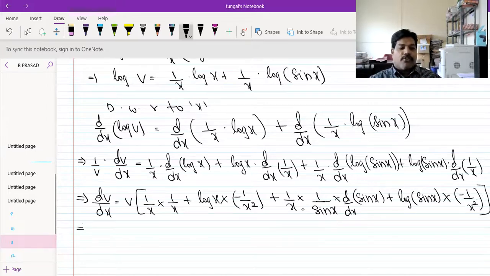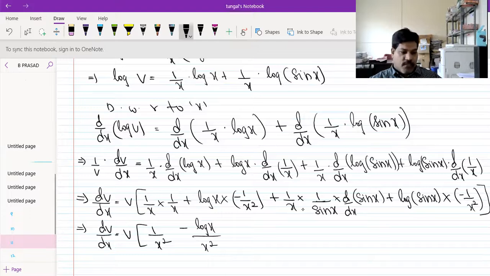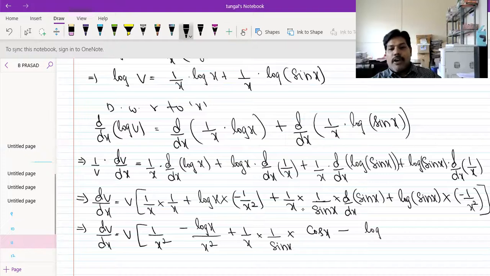So dv by dx is equal to v into 1 by x square, minus log x by x square, plus 1 by x into 1 by sin x into the derivative of sine, cos x, minus log of sin x by x square.